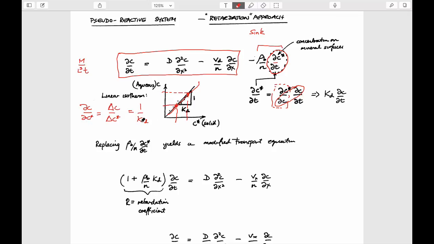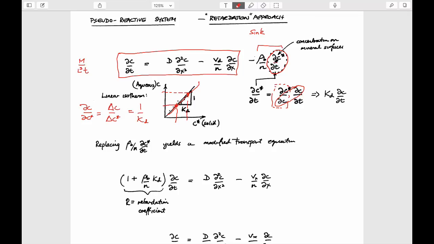And so that's equal to kd, the reciprocal of this. And so as a convenience, we can transform it, instead of being related to this concentration on the solid, which all of a sudden is a new variable in this equation, to the concentration in the liquid, which is related to the concentration in the solid through this equilibrium isotherm. And so we can substitute into this, and we end up with an expression that includes this kd term.